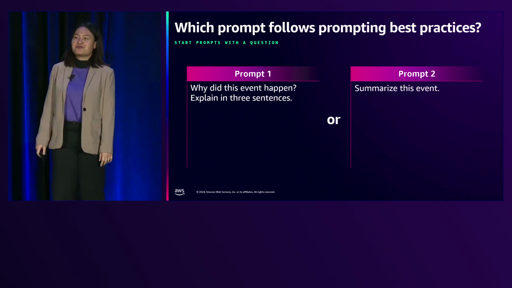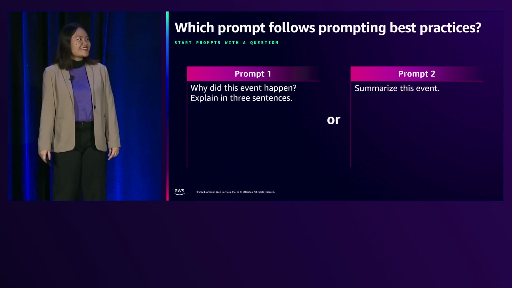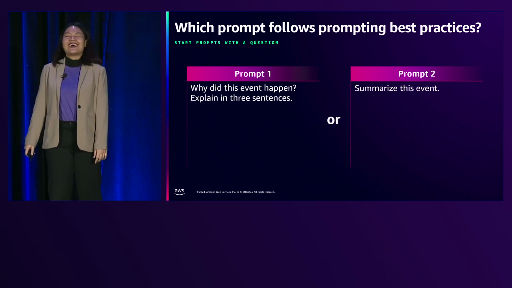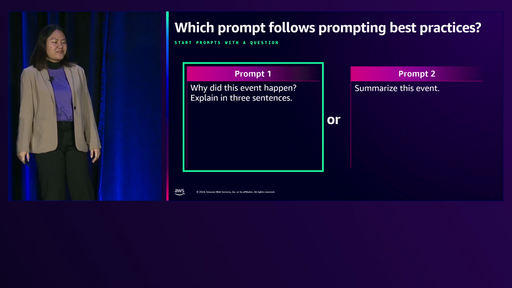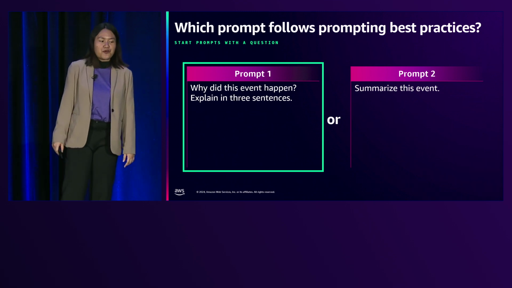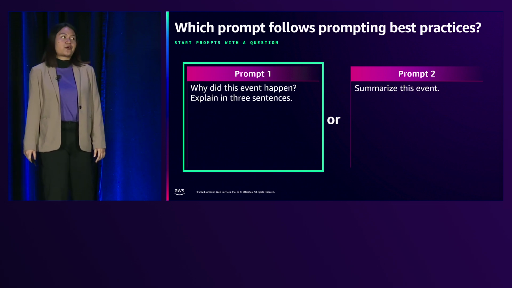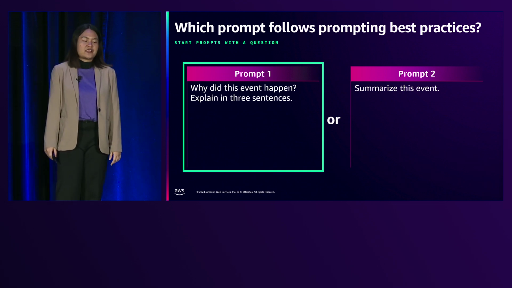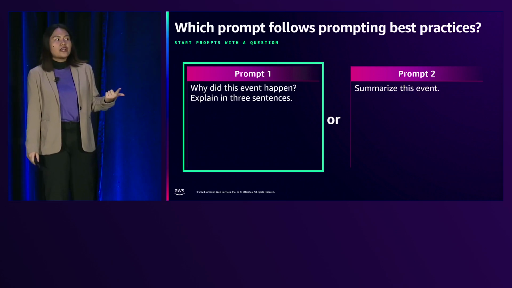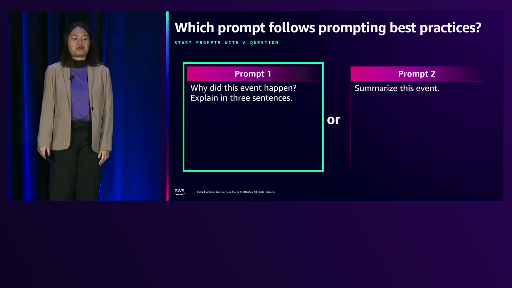If you think prompt 2 was the correct answer, no one answered prompt 2? All right, so that means you provided the correct answer. Prompt 1 was actually the correct one. So we start with the question. That means we can start with why, what, who, when, how inside of your prompt.